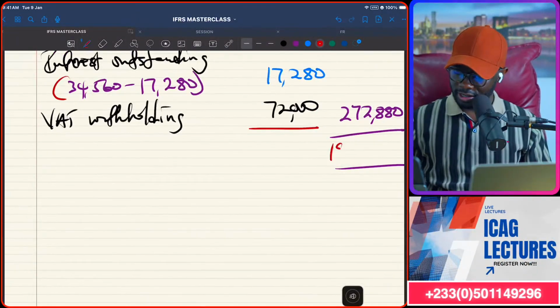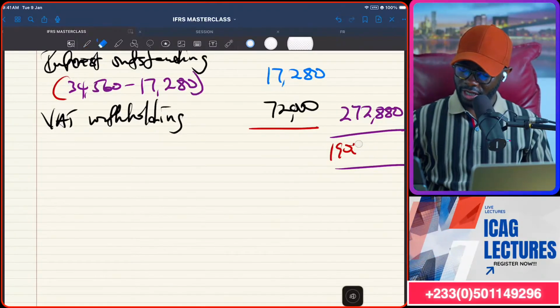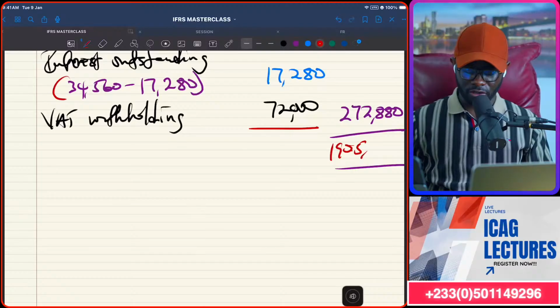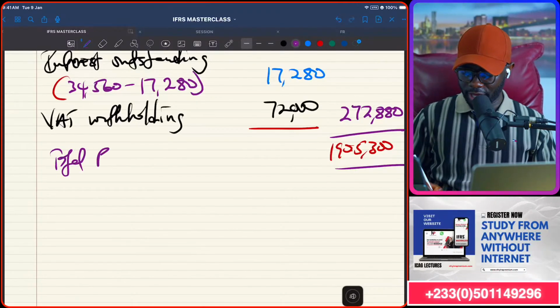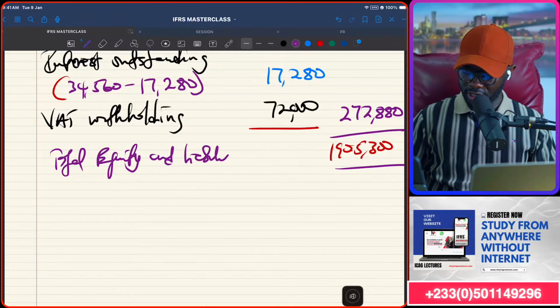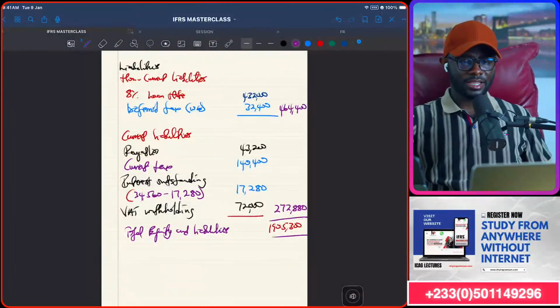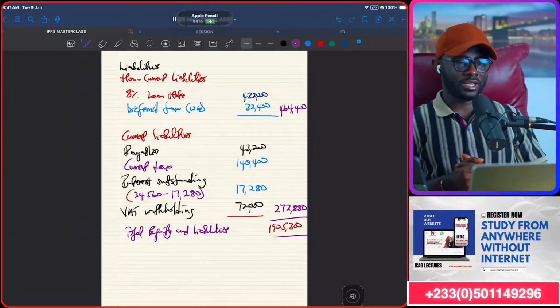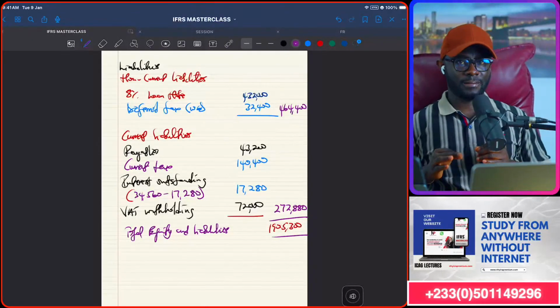At least it means we are in a comfortable lead. You know your balance sheet can balance, but you have screwed up somewhere. So total equity and liabilities. That is the answer to the question for 20 marks, and you're supposed to do this in 36 minutes.